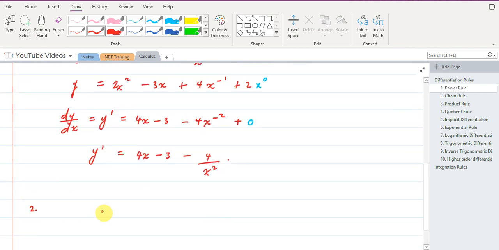Number 2, let me make it a bit complicated. I want to find the derivative with respect to x of this function. This is just a different notation.